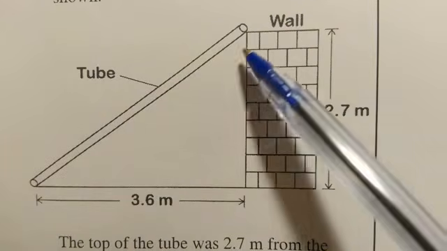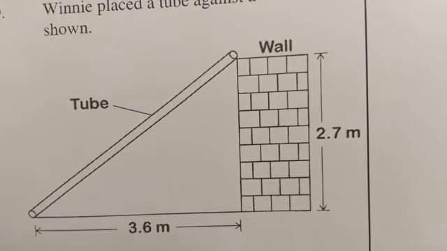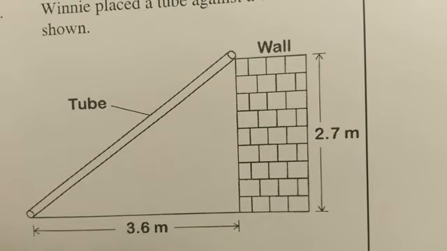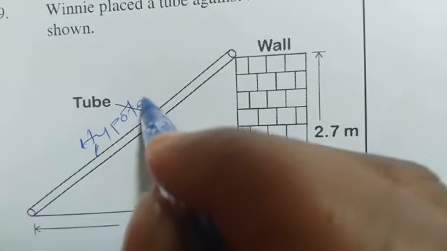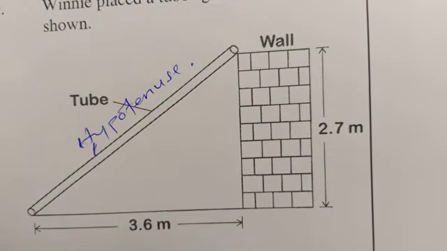So even before we go to the answers, what has come into your mind? That scenario is forming a right-angled triangle. And then the length of the tube represents what? The hypotenuse of the right-angle triangle. So how do we get the hypotenuse of a right-angle triangle?